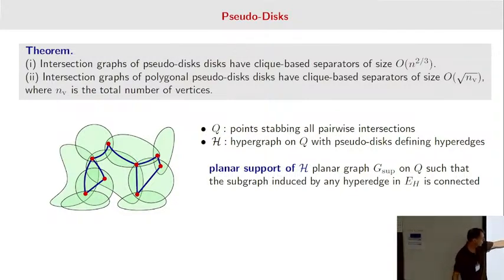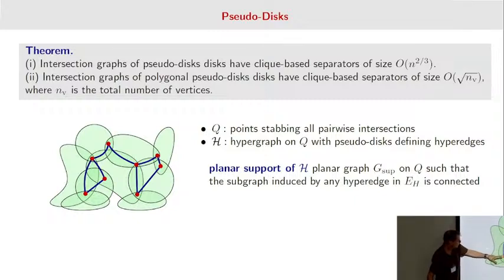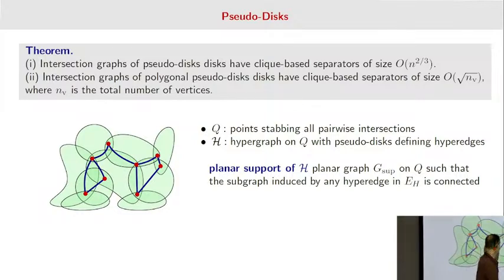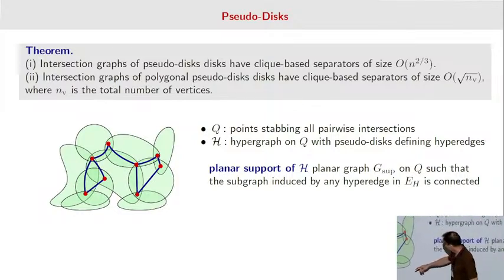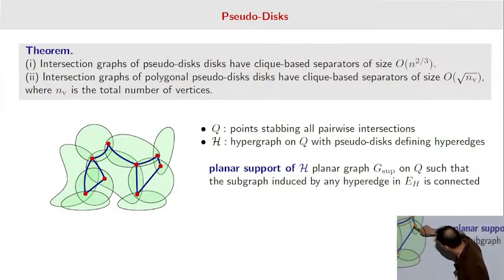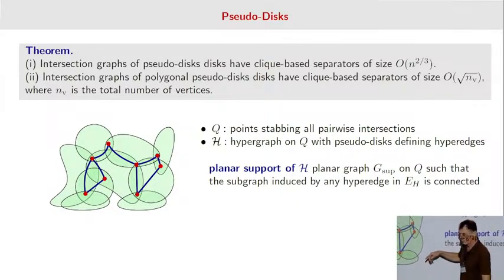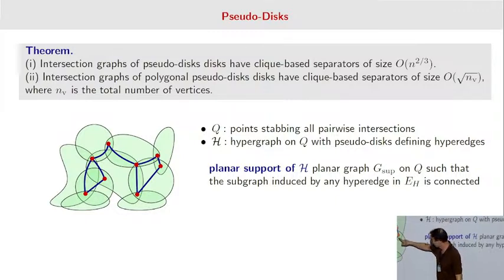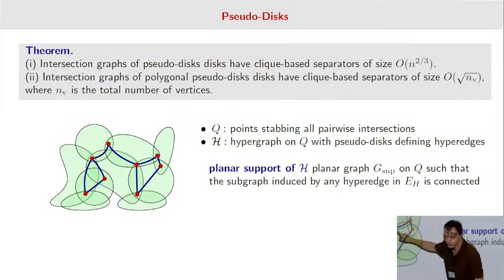So we want to pick these points in such a way that there is a planar graph on the red points that is what is called a planar support, which means that for every hyperedge, like this region, the hyperedge is these three nodes. If I take out these three nodes, then the induced graph is connected.